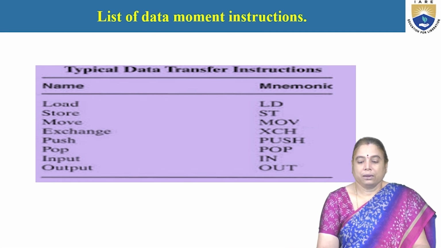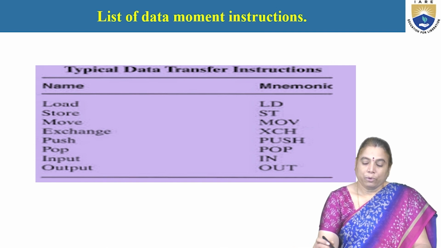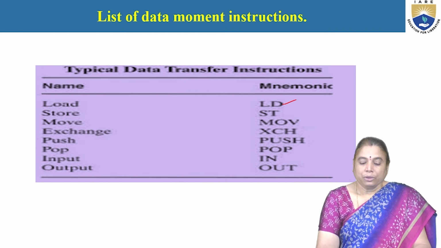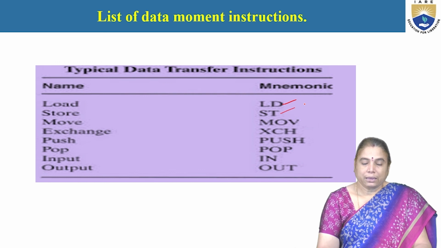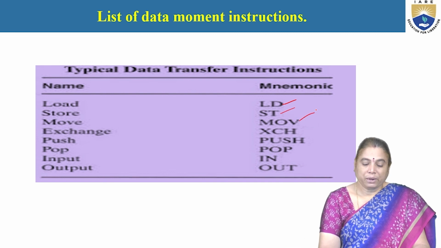A typical list of data movement instructions is as follows. Load, with the mnemonic LD. Store, with the mnemonic SD. To move or transfer, MOV. To swap the values between registers, exchange, XCH, is the mnemonic.